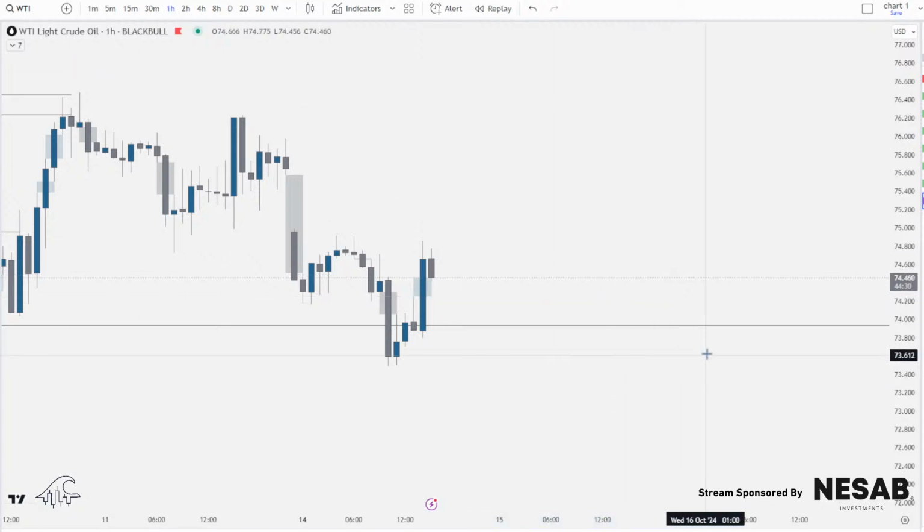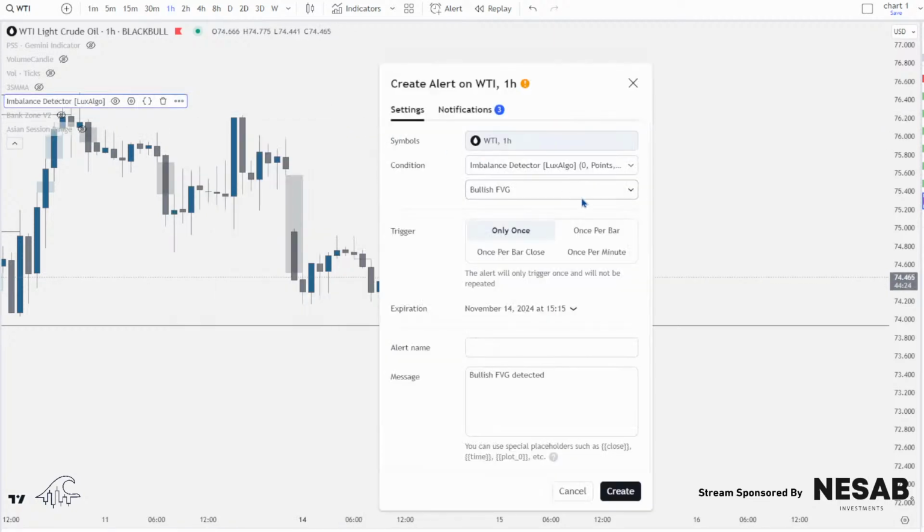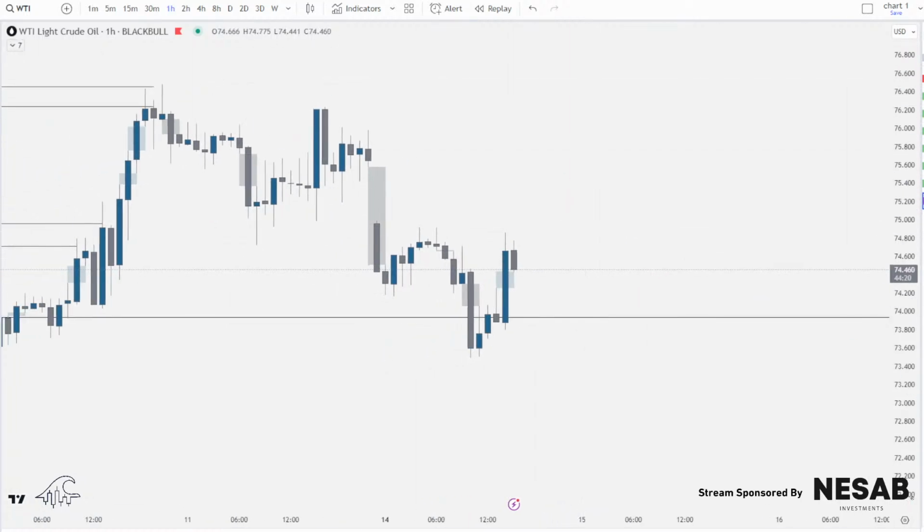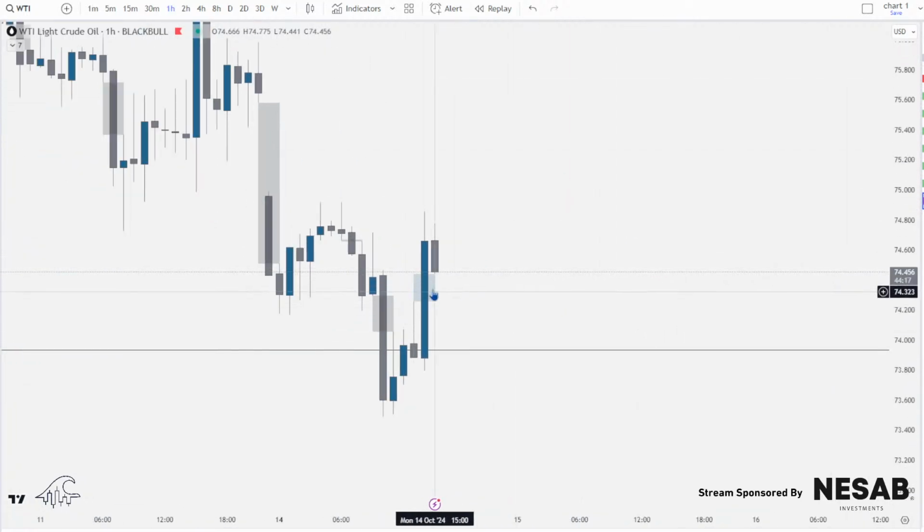So you know what? I'm just going to set an alert on this. Let's see. Bullish gap. If that forms, this closes, that forms, that will alert us. We'll know.